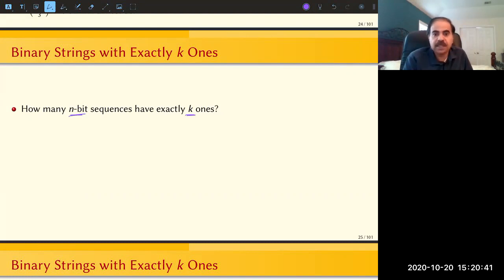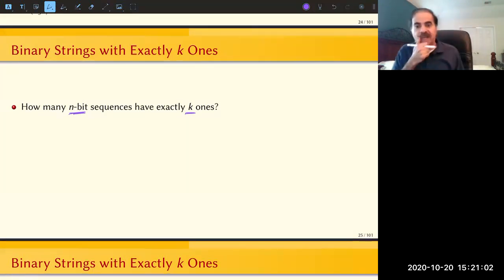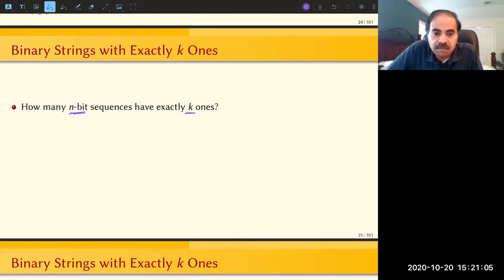So essentially it's a subset, right? So the original set has n elements corresponding to n positions in the binary string, and you want to find out which subset of k positions should have a 1, right? And once you make that decision, you have completely specified all the possible binary sequences with exactly k 1s, right?